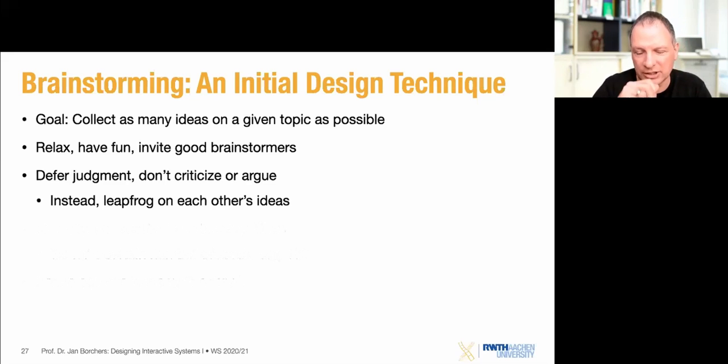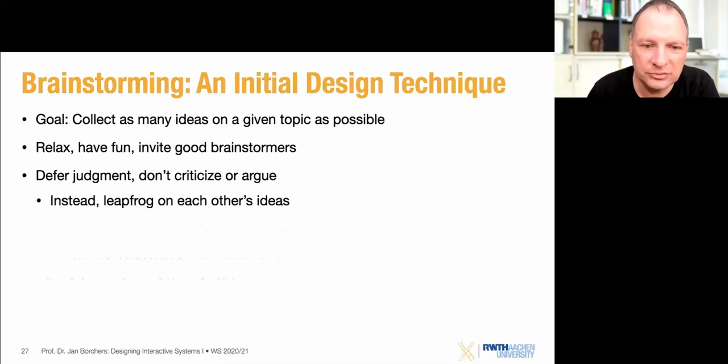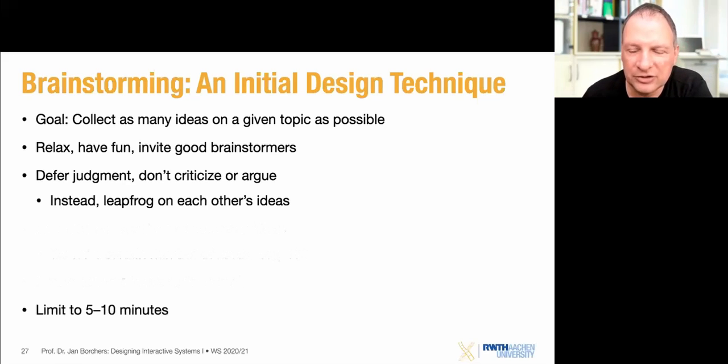They can just generate ideas, and everybody sees all the input emerging in front of them. Now, this is a high energy task. You want to limit brainstorming to very few minutes, maximum 5 to maybe 10 minutes. After that, people tend to be drained. Don't do it for an hour, you'll die, right? Not a good idea.